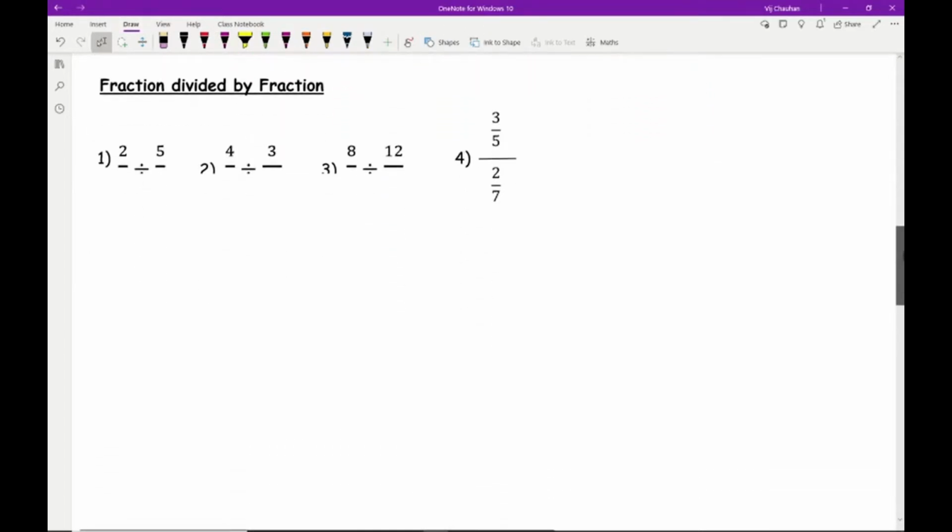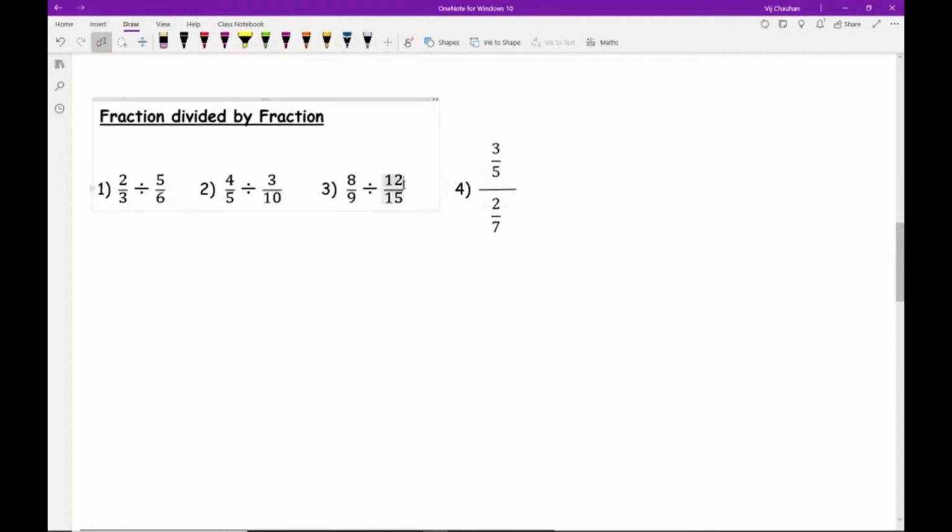To start off with, let's have a look at this, and we can notice that there are some numbers missing, so let's just have that there. In terms of question 1, the first thing you want to do to make your life a little bit easier, just like with multiplying, is always check to see if you can simplify fractions. The problem with division, and I've got to stress this, is you can only simplify single fractions.